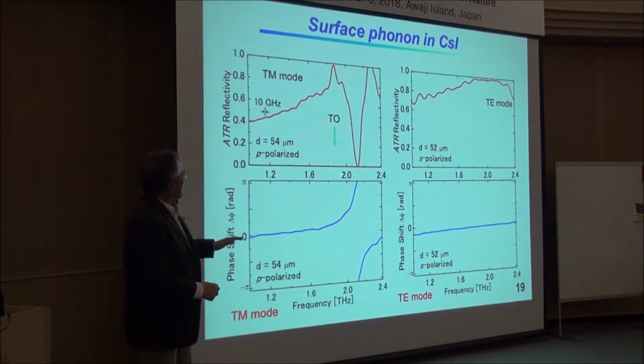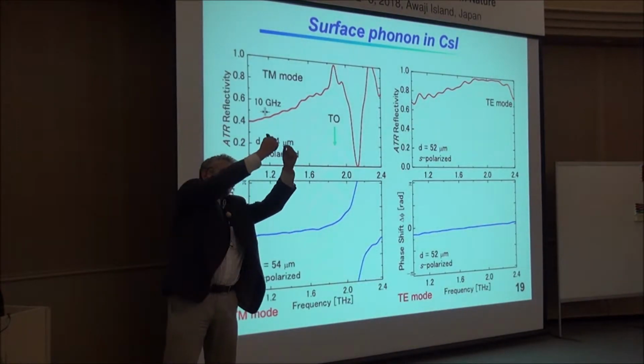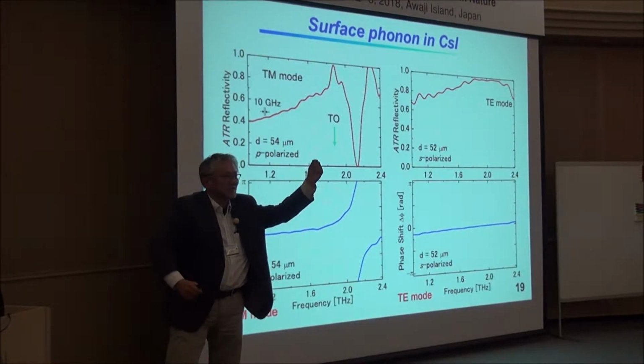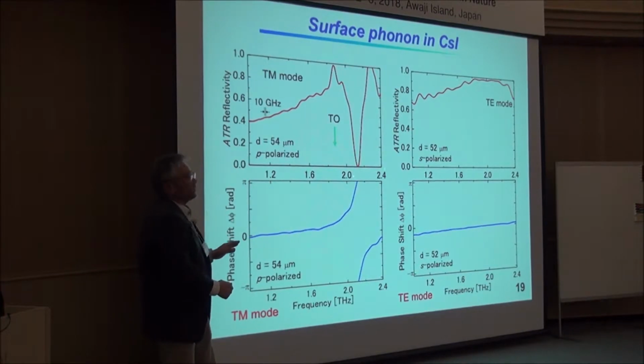So we have the TO mode and the LO, longitudinal mode, and in between we have a zero crossing of the dielectric constant. Around the zero crossing point, we have the surface mode.